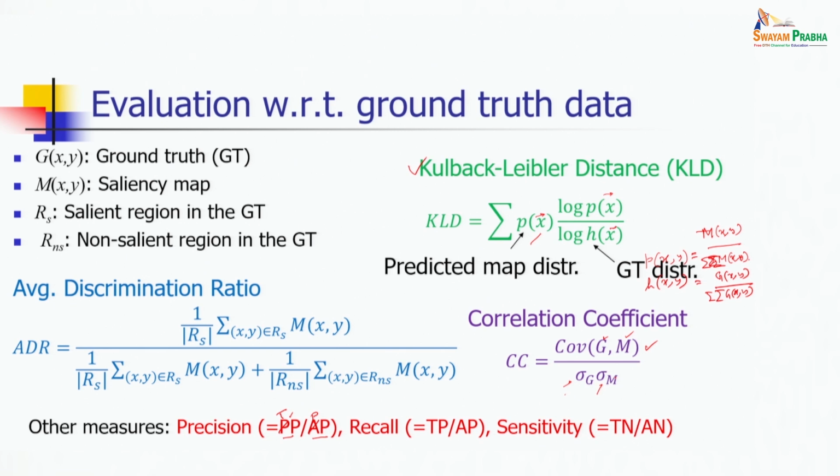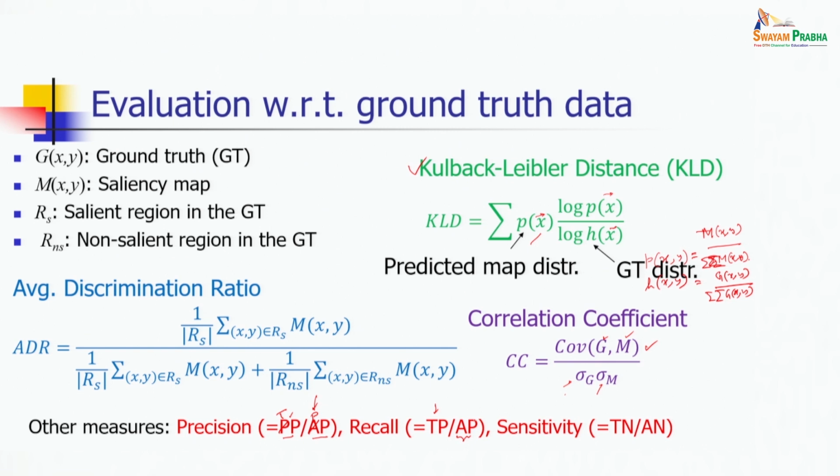Similarly, if a pixel is non-salient in the ground truth and is also declared non-salient, that is called a true negative. So precision is true positives divided by predicted positives, that is, the number of true positives detected divided by the total number of predicted positives obtained. Similarly, the number of true positives detected divided by actual positives, where some are not detected, is called recall.